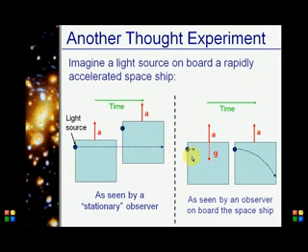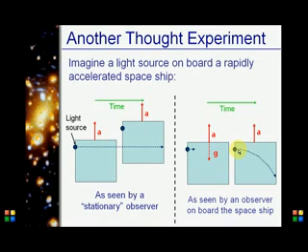But when it is seen by an observer on board the ship, the light will appear to bend, and it bends because of gravity. This acceleration is opposite to the acceleration of gravity, and that causes bending, and this means that gravity can bend light.